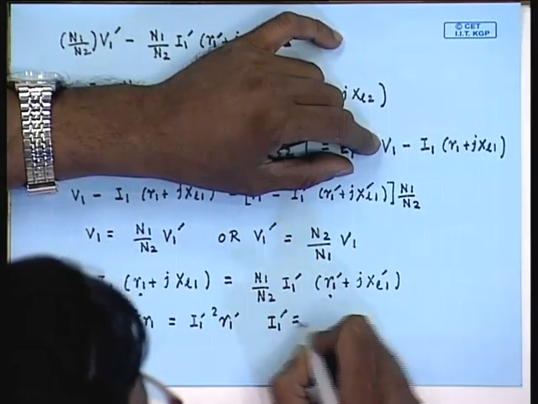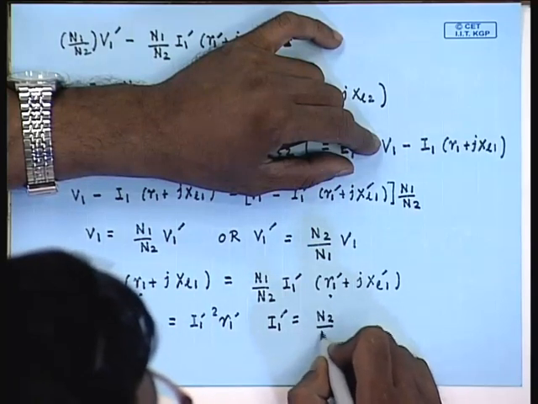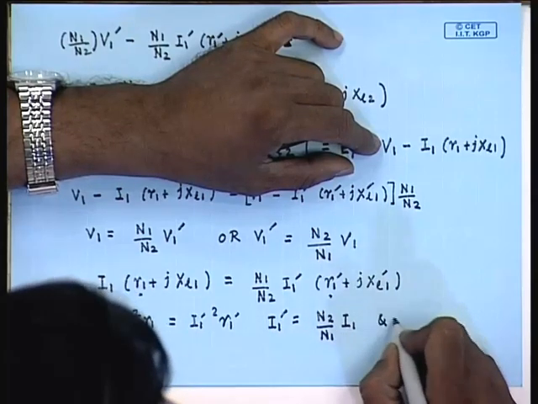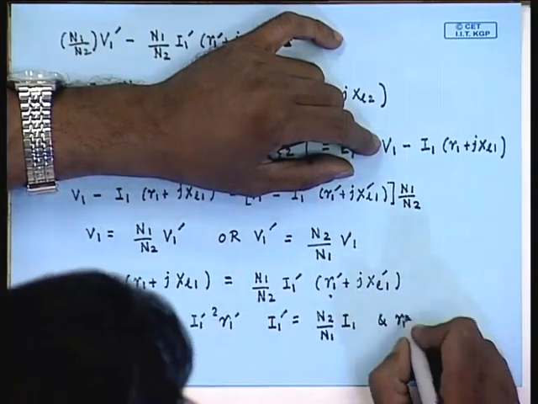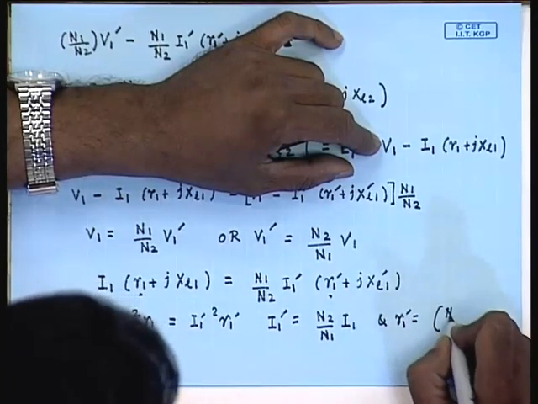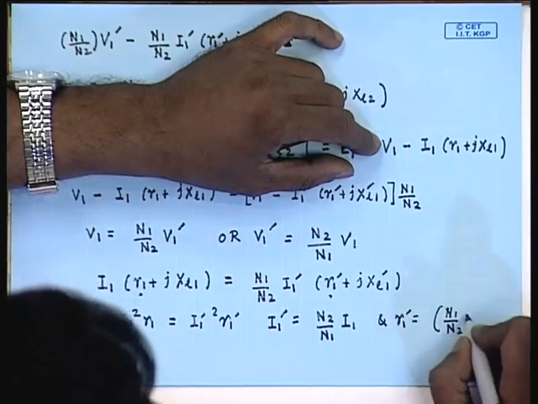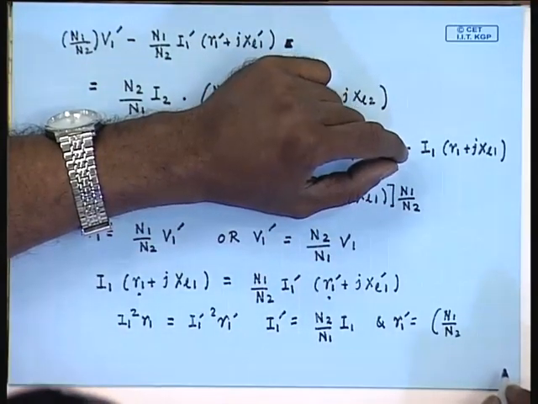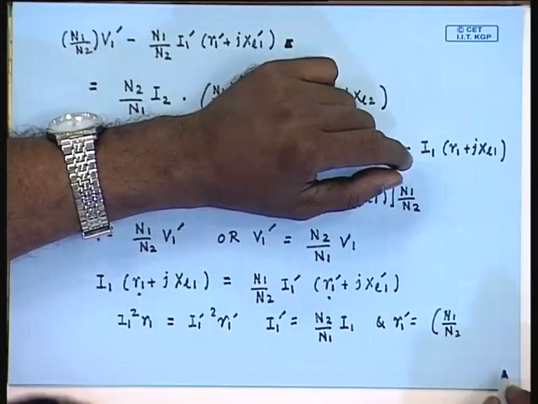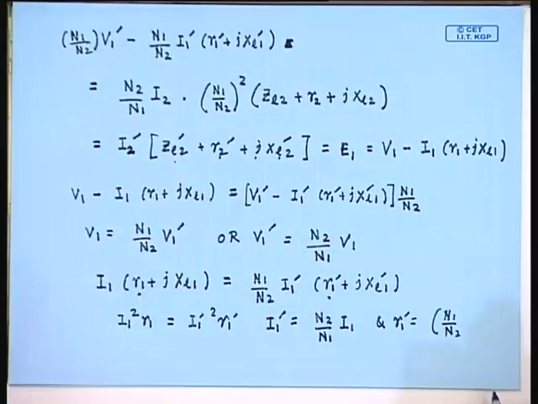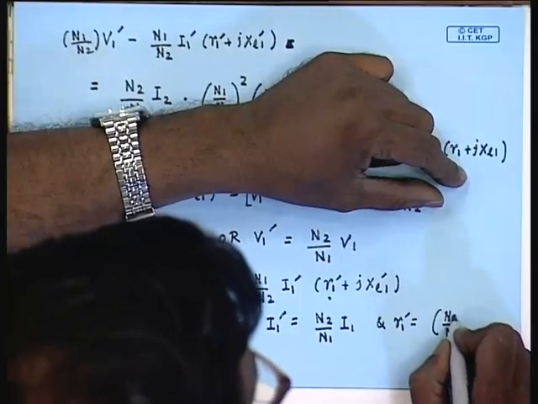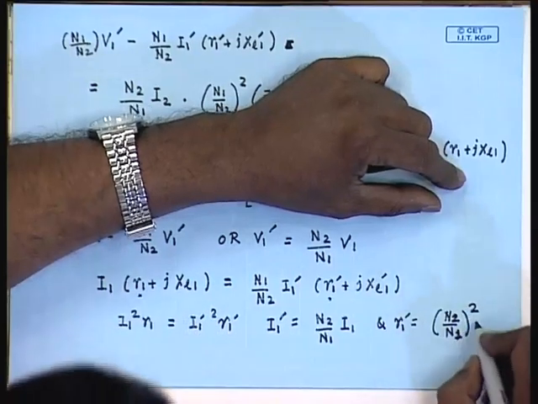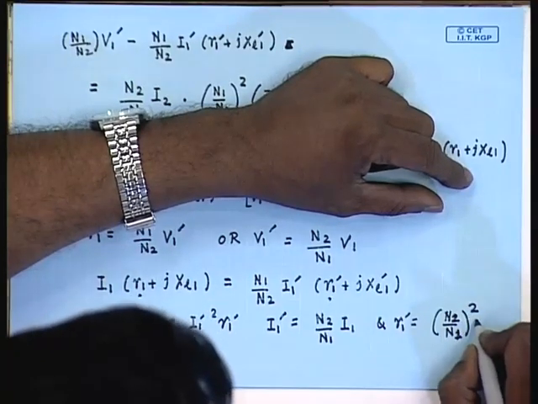I1 dash equal to N2 by N1 into I1 and R1 dash equal to N2 by N1 square into R1.